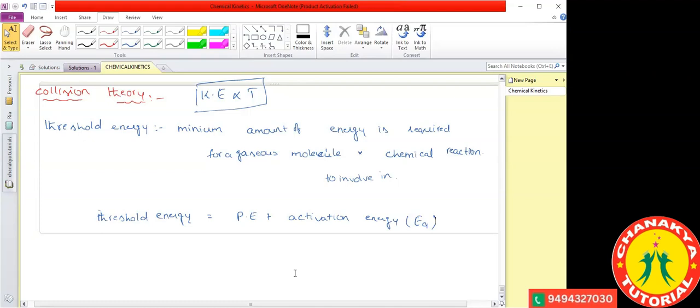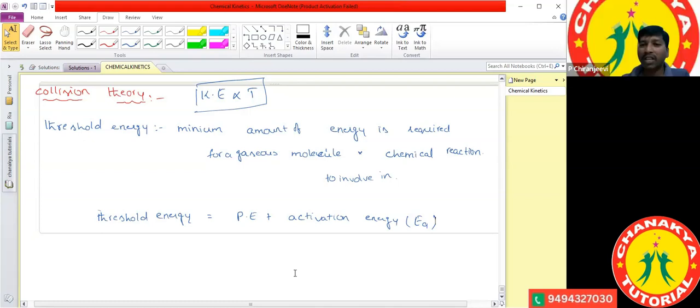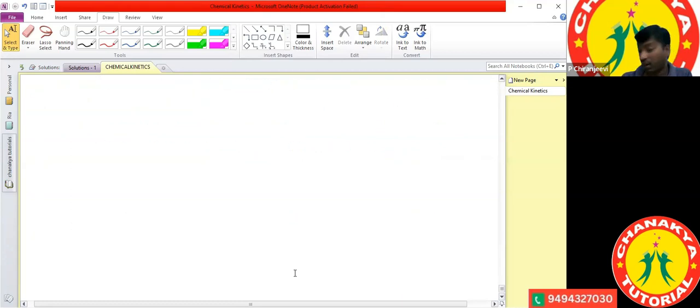It absorbs heat. If heat is absorbed in a chemical reaction, we call it an endothermic reaction.